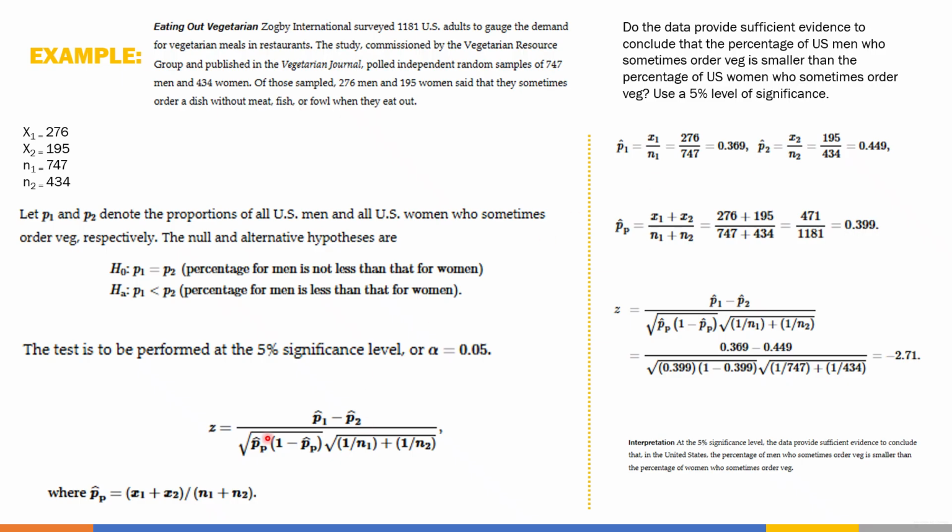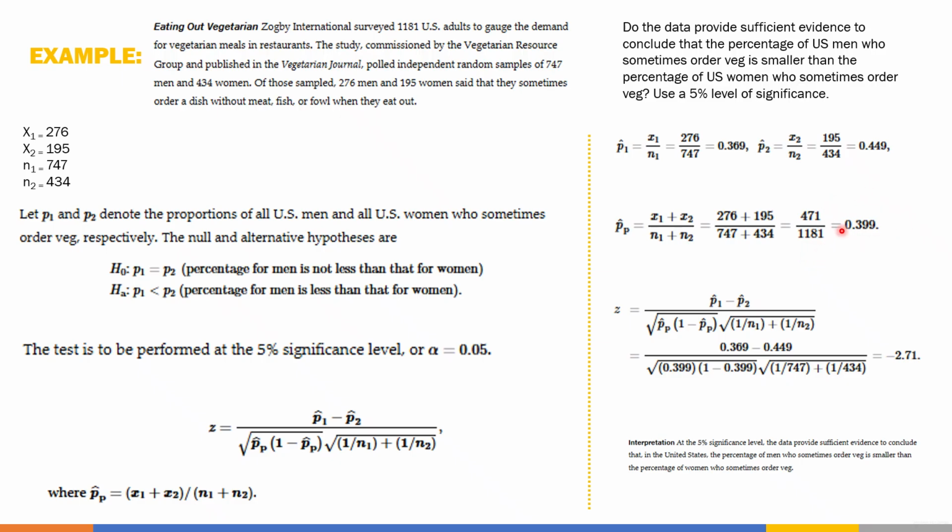Then you have to calculate your p hat p, or your pooled probability, which is x1 plus x2 divided by n1 plus n2. You can see that here, x1, x2, n1, n2, all over here, and that equals 471 over 1,181.